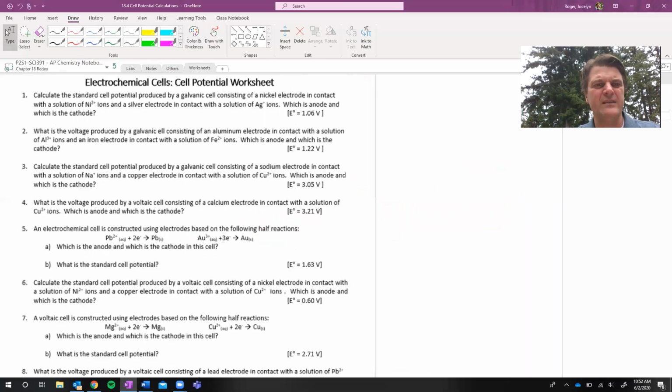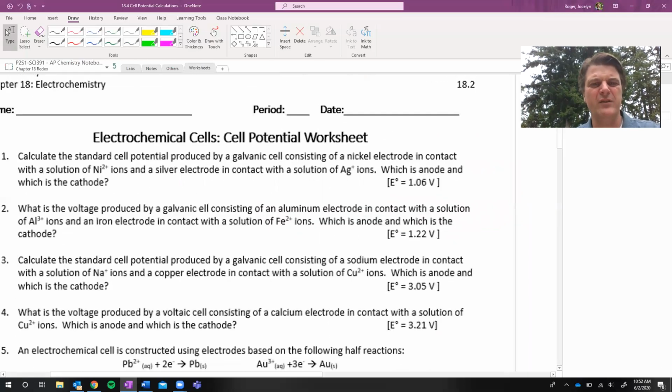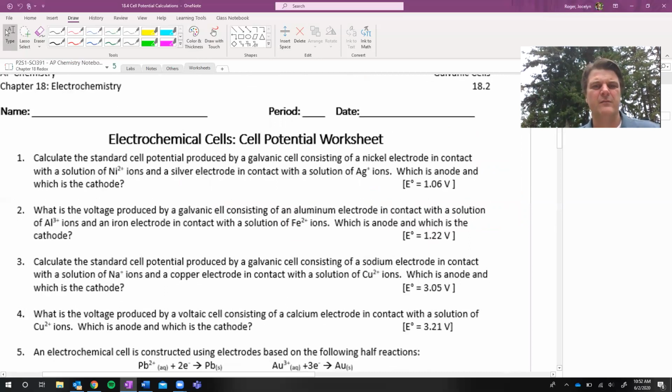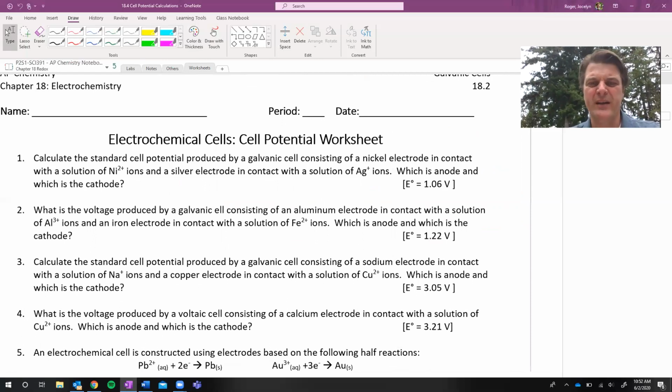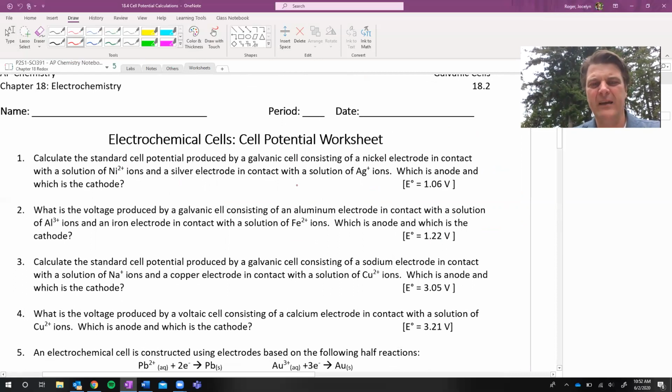And we're going to look at the first problem that you have on this worksheet, which is to calculate the cell potential that is produced by a galvanic cell, where you have a nickel electrode in a nickel 2+ solution and a silver electrode in silver+ ions.